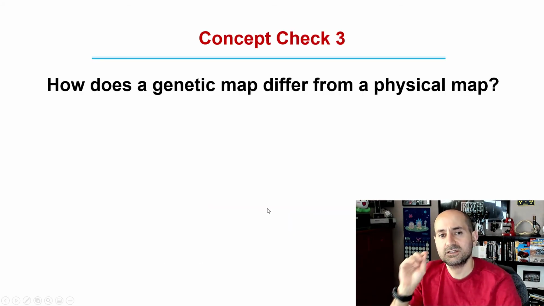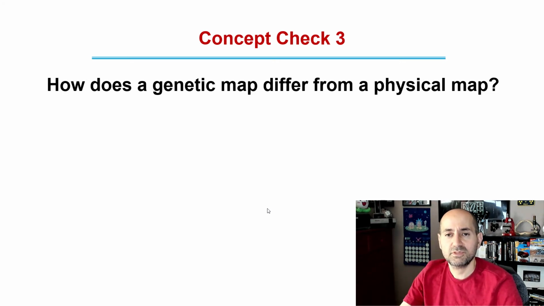So concept check number 3 time. How does a genetic map differ from a physical map? Like I just told you, a genetic map is done by doing these 2-point or 3-point crosses with actual breeding of these different phenotype parents. A physical map is actually looking at the genetic sequence, which is what we can do nowadays, by the way.